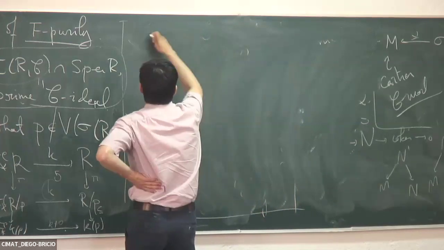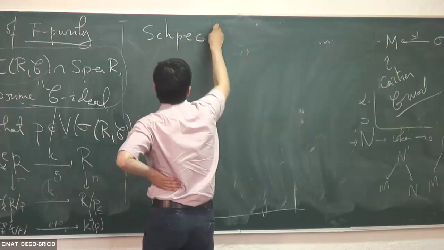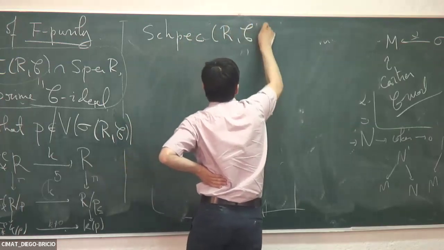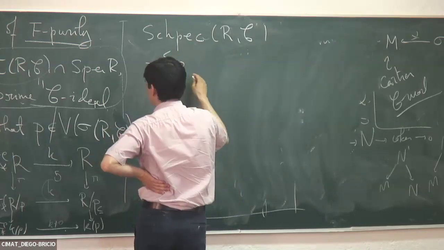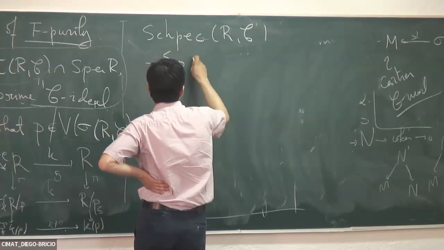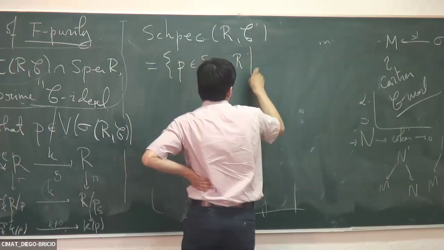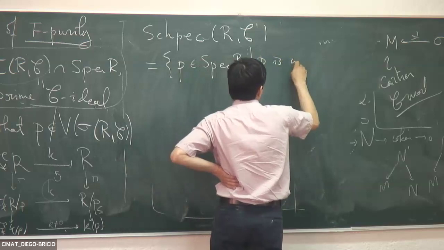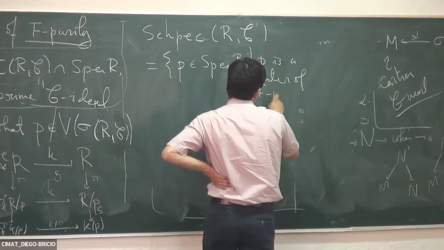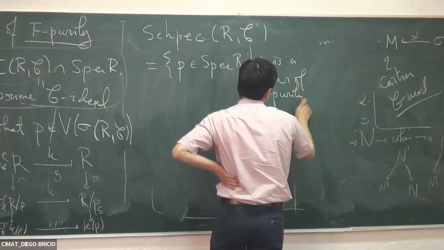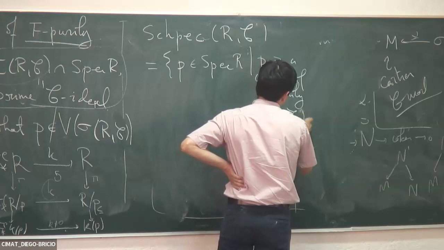So the whole thing is that we have to consider the set of centers of purity that I'm going to call Spec. These are just the P such that P is a center of purity for (R, C).